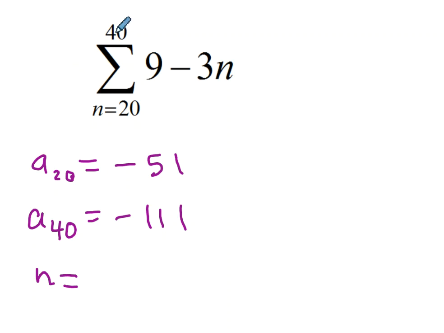So we want to think about, I'm ending on this term and I'm starting on this term. So I have the 20th term, 21st, 22nd, 23rd, 24th, 25th, 26th, 27th, 28th, 29th, 30th, 31st, 32nd, 33rd, 34th, 35th, 36th, 37th, 38th, 39th, and 40th.